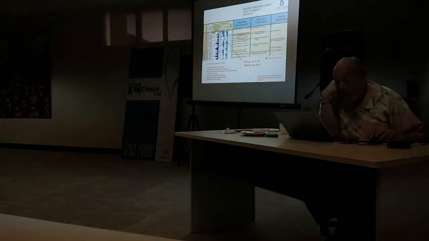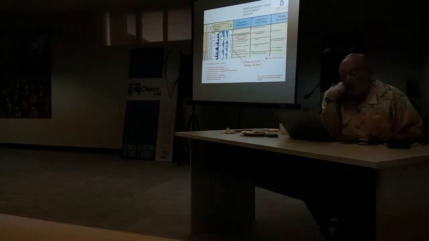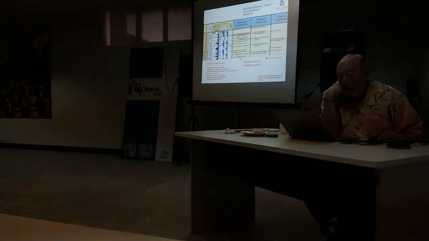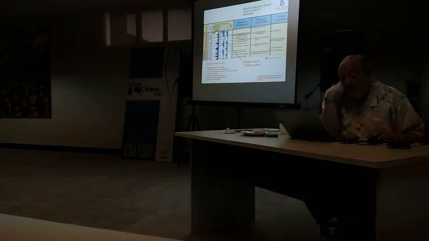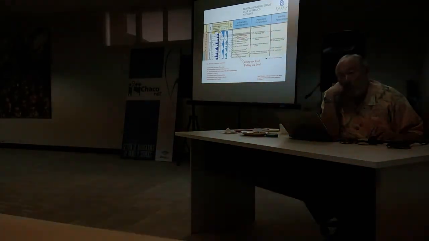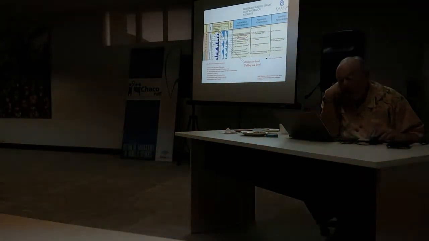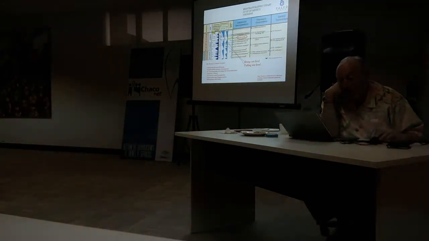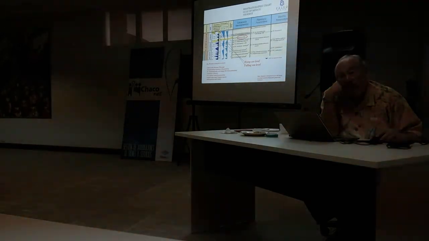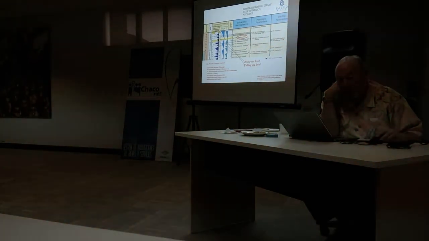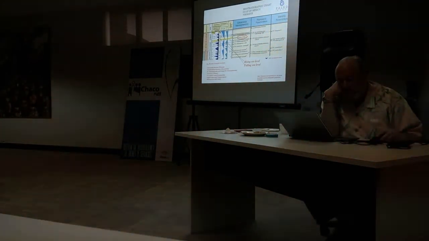Does that occur where you have a condensed section and maximum flooding surface, or where you have a sequence boundary? I've drawn the line across here. It occurs where you have your maximum flooding surface, at that point in the triangle.